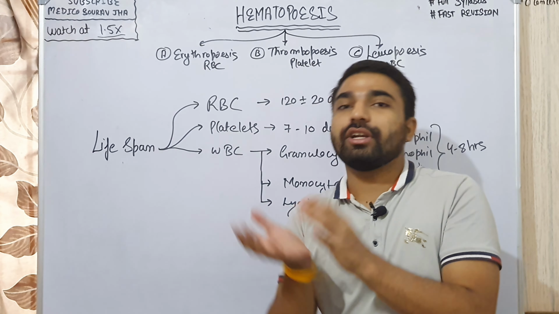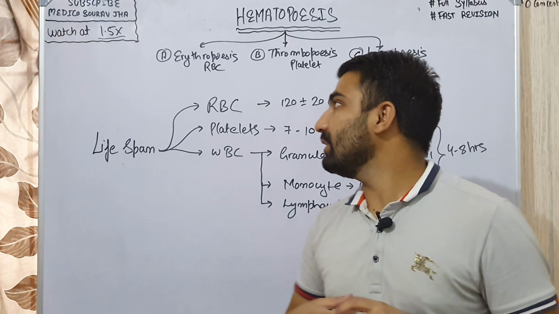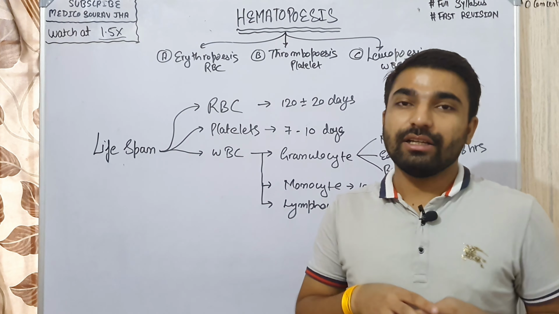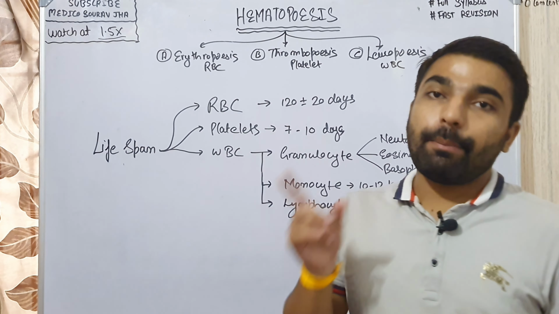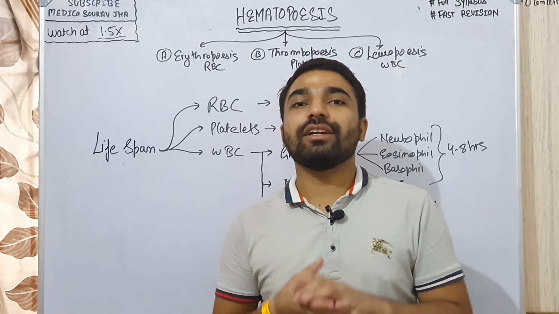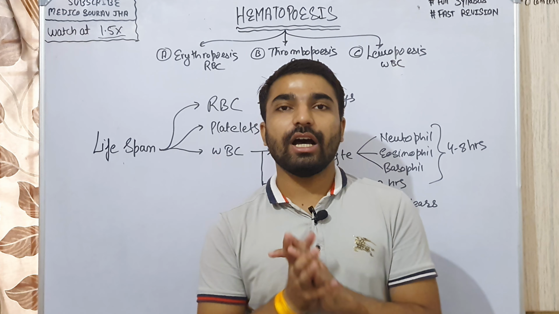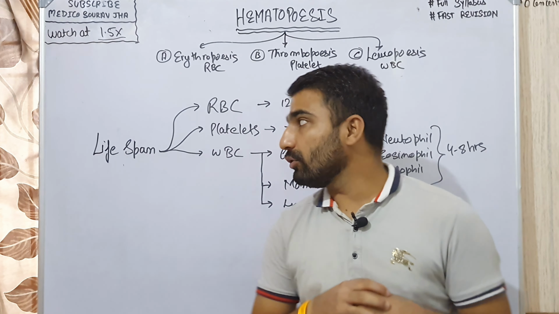It can be plus or minus 20 days. Exactly 120 days is not the lifespan of RBC. It can be less than 120 days, it can be a little more than 120 days, depending upon the proteins and the condition of the cell membrane of the RBC.